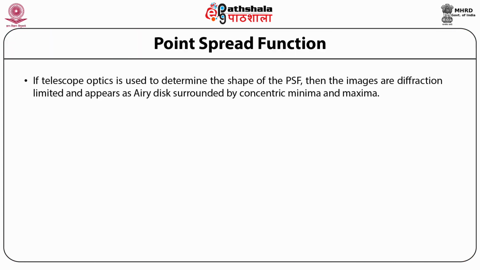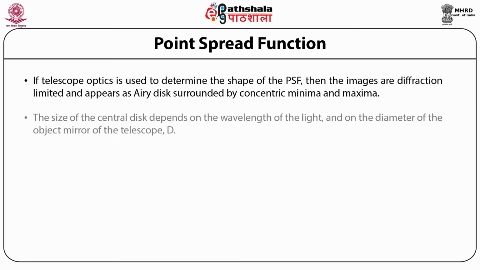It may be noted that in telescopic optics, the diffraction determines the shape of the PSF, when the images are diffraction limited and appear as Airy discs surrounded by concentric minima and maxima. The size of the central disk depends on the wavelength of the light and on the diameter D of the objective mirror of the telescope.